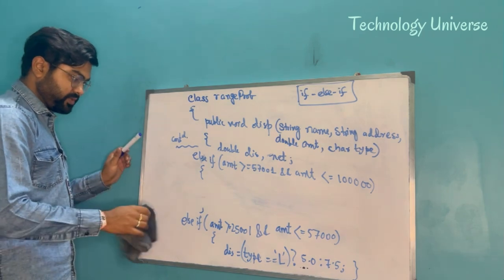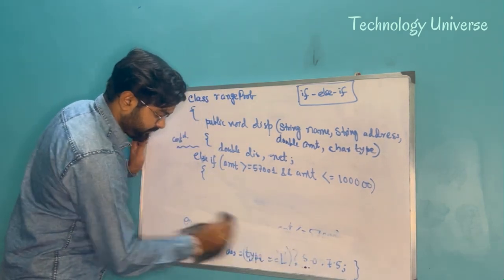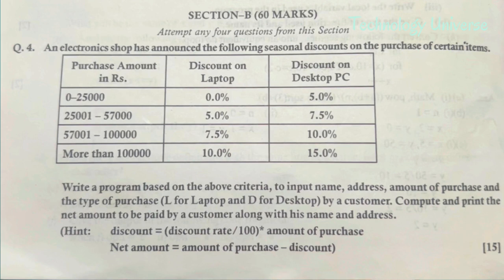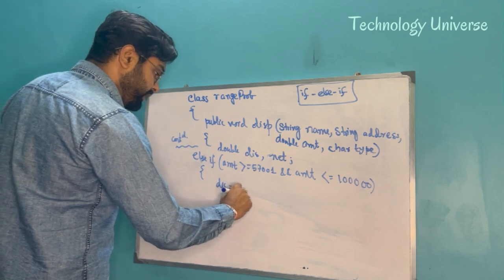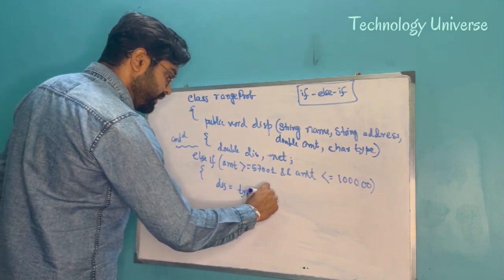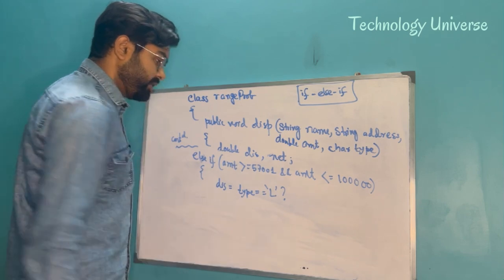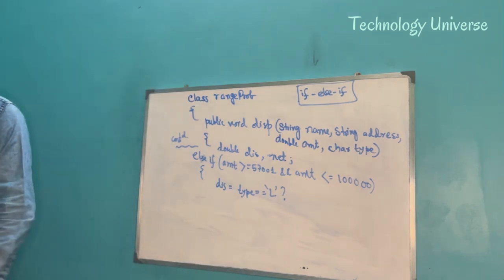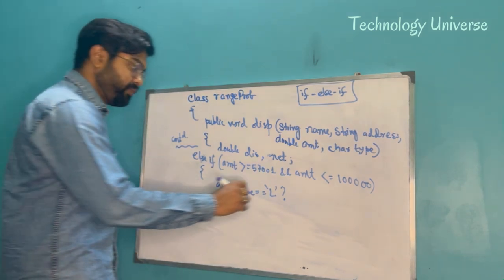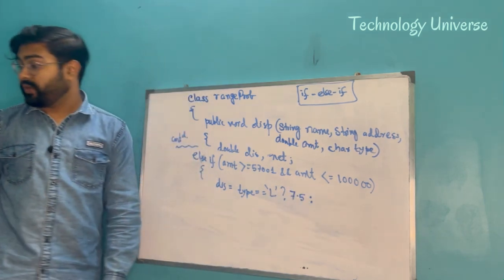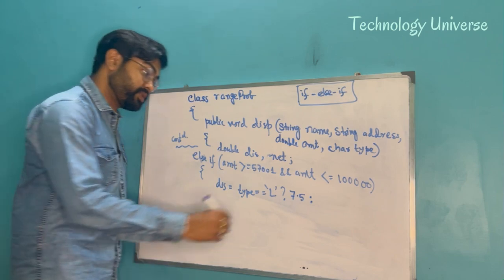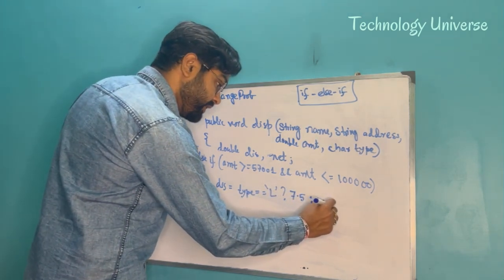Now if it is 57,001 to 1 lakh, then what would be the discount percentage? If the type is laptop, the percentage is 7.5%, right? And if it's a desktop, the percentage is 10. So here we write 10.